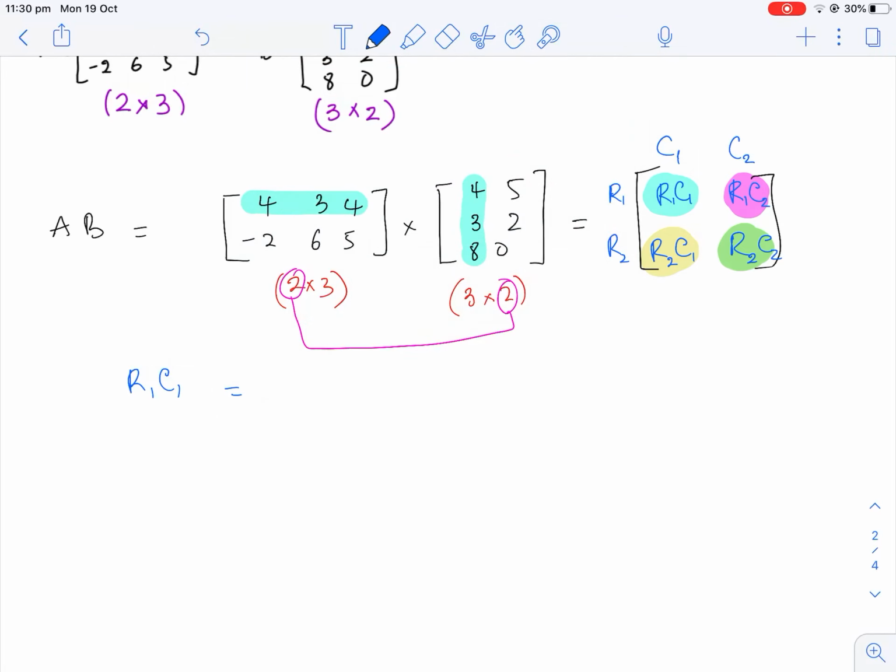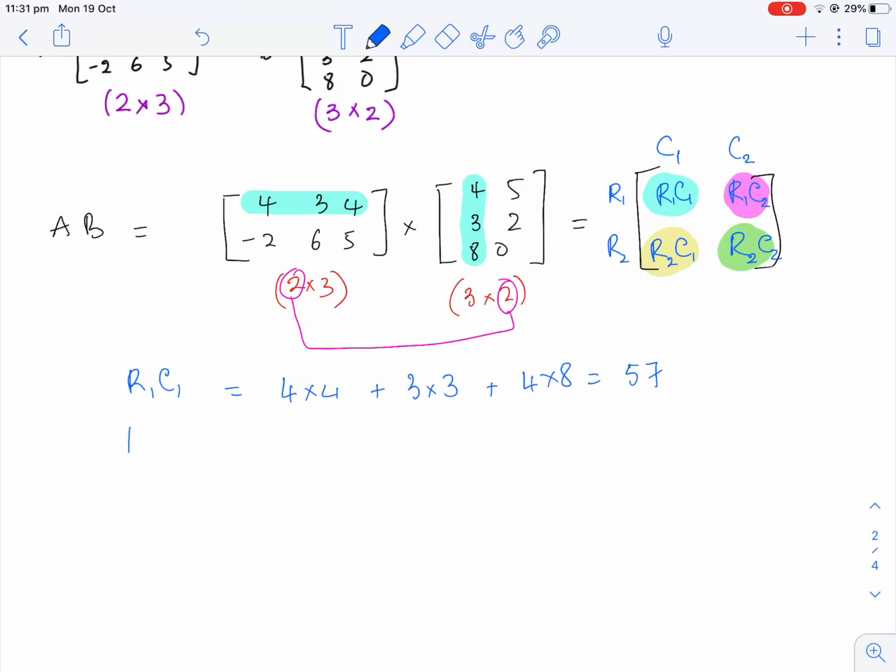Okay, so it's equal to 4 times 4, this one times this one, plus 3 times 3 plus 4 times 8. All right, equal what? You're going to use your calculator. So it's going to be 16 plus 9 plus 32. And it's equal to 57. All right, this is row 1, column 1.